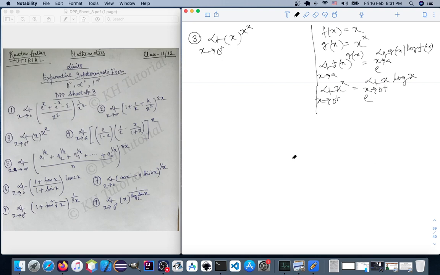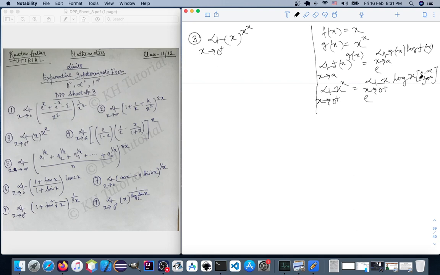Now x is 0 and log x, when x tends to 0 positive, is tending to minus infinity. So x log x is of the form 0 into infinity.